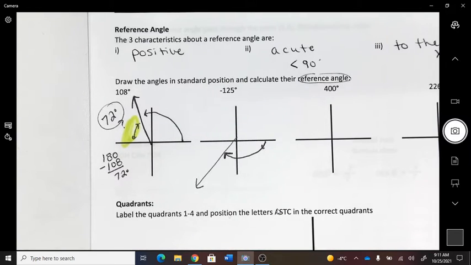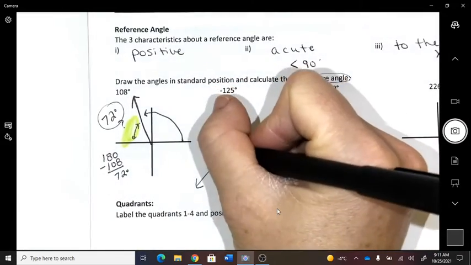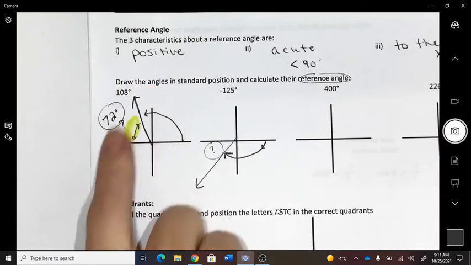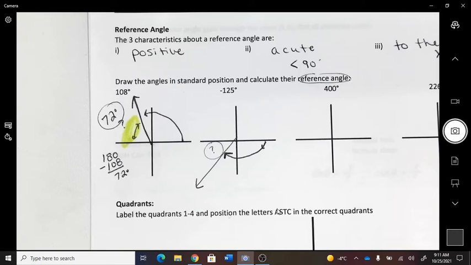Now we have to see what the reference angle is. I want to know how far away right now I am from the closest x-axis. And this answer has to be positive. So in my math, I'm not even going to worry about anything with negatives. The negative was in the drawing, but math-wise, I'm not going to use negatives.